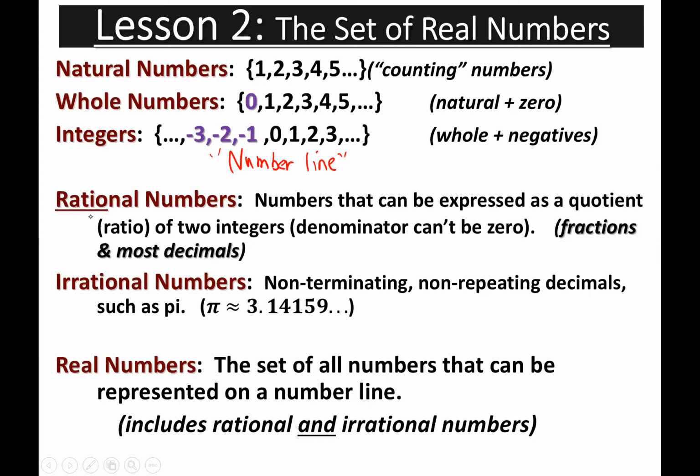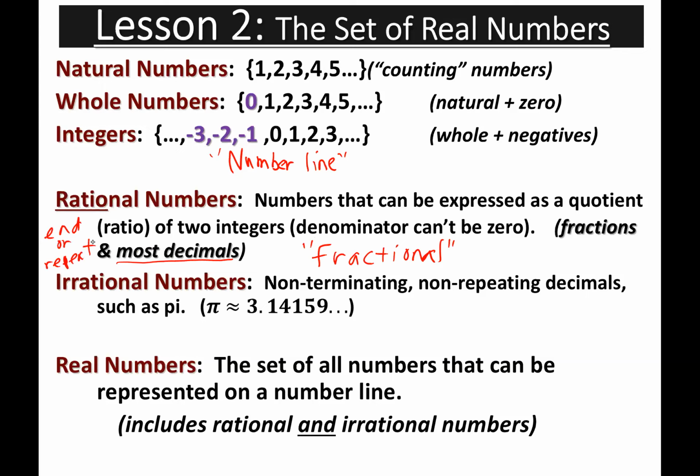Rational numbers are fractional, or see I underlined the ratio there, so fractional. It does include most decimals, as long as they either end or if they repeat.